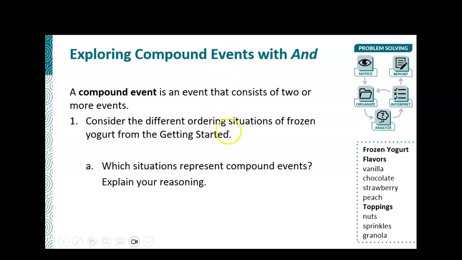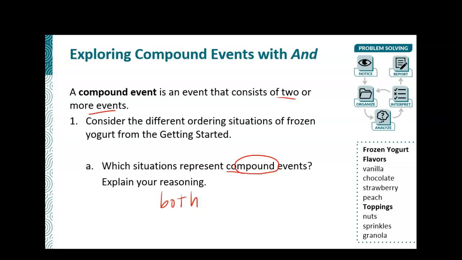Consider that. Which situation represents compound events? Both of them or just one? What does compound event mean? 2 or more. So did I have 2 or more things happening for both scenarios? Yeah, so both. They both represent compound events.